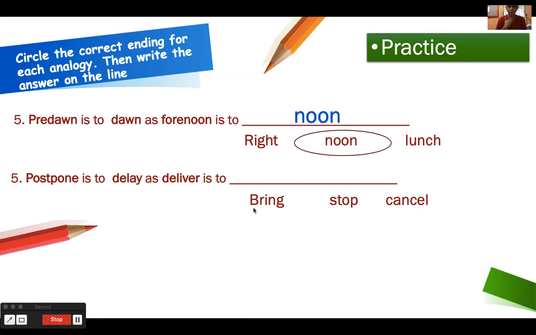Which word do you think is the correct one for this analogy? Postpone is to delay, as deliver is to, very well, bring. Bring in English is traer, right? Bring me something.